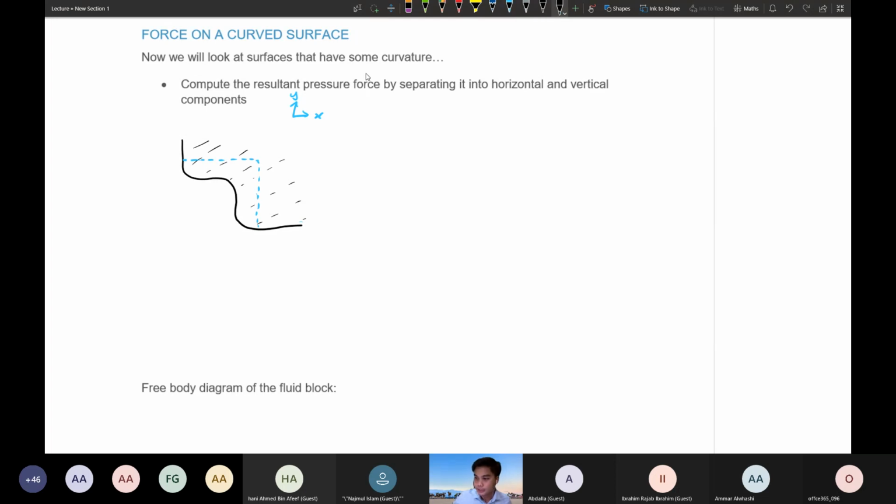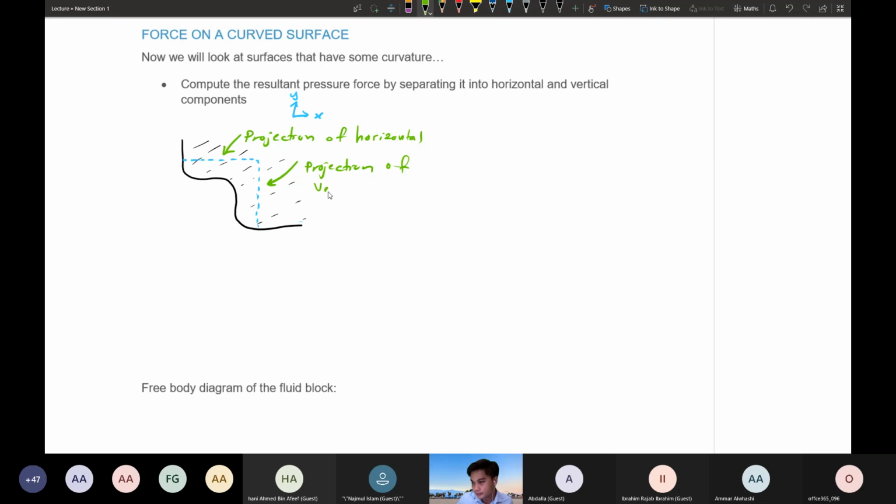So what you can put here is that you can name this the projection of horizontal, and this the projection of vertical.